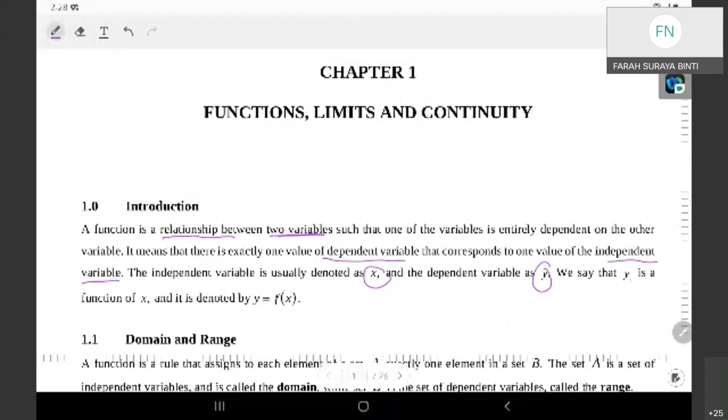So we say that y is a function of x. Ataupun cara tulis dia adalah y equal to f of x, in bracket x. So x is the independent variable and y is the dependent variable.